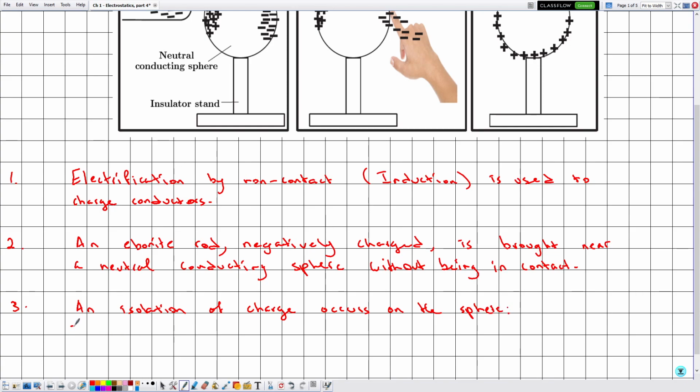Let me state statement number 3.1 that positive charges will accumulate close to the rod, and this is because plus and minus attract, and this is due to the charged ebonite rod.